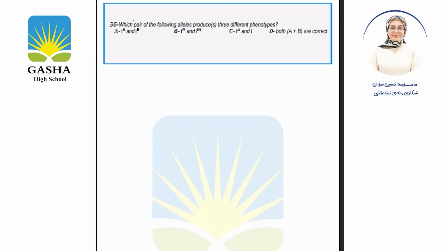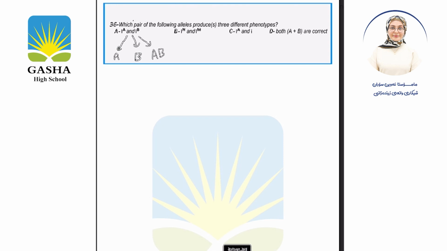Question 36. Which pair of the following alleles produce three different phenotypes? So you're searching for the alleles that produce three different phenotypes. In multiple choice A, IA and IB can produce blood group A, blood group B, and blood group AB.